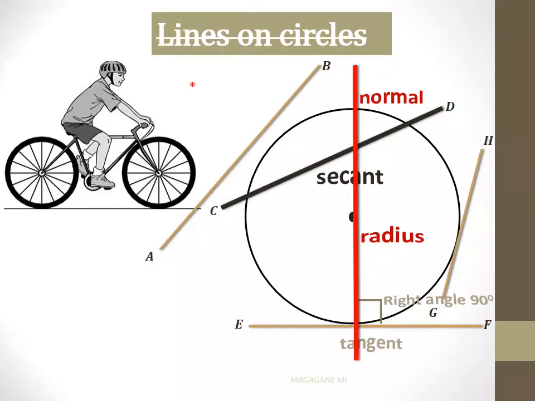Now let's look at the relationship between tangent and circle. If you look at this bicycle, we can see that the spokes of this bicycle are from the center to the circumference of the circle. So the spokes of this bicycle represent the radii of the circle. We want to look at the relationship between this wheel and the road.